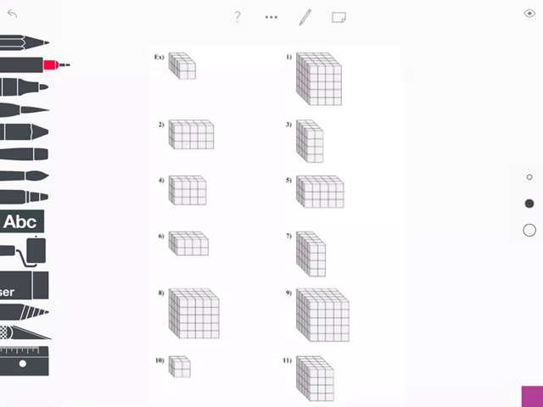Let me change the color. Let's do this blue color. Alrighty, so in here, what I want you to notice is that each of these figures is made up of different tiny cubes.